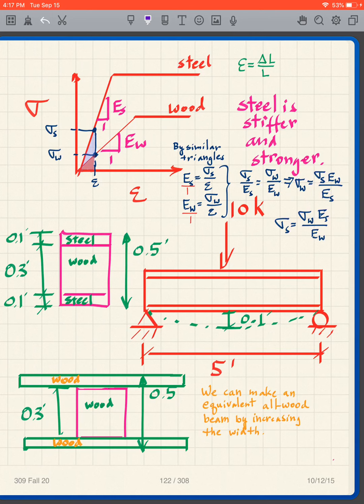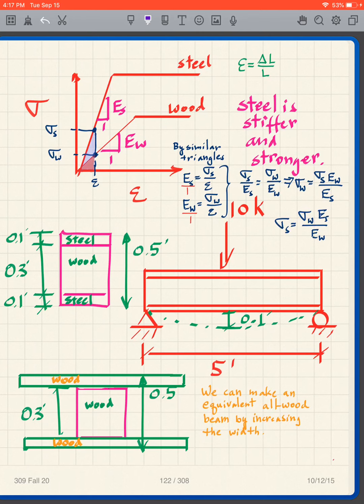I have now found a relationship. This ratio, E steel over E wood, is going to be an important relationship because it relates the stresses between the steel and the wood. So E steel over E wood is an important ratio for us.